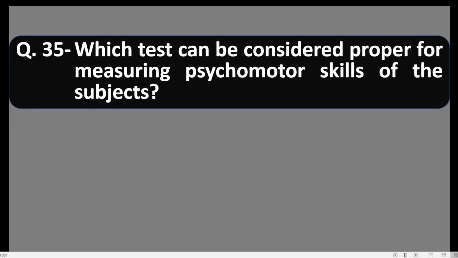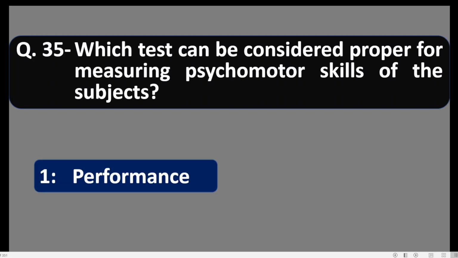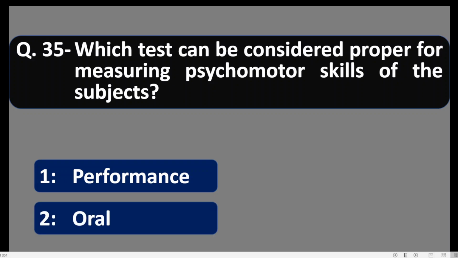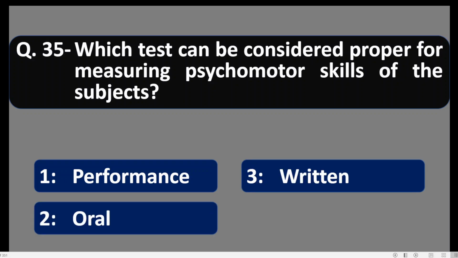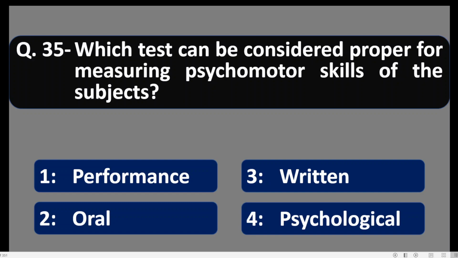Question number 35. Which test can be considered proper for measuring psychomotor skills of subjects? Number 1, performance. Number 2, oral. Number 3, written. Number 4, psychological. Friends, on the basis of the options given here, to measure the psychomotor skills, we must use performance test. So option number 1 is correct.